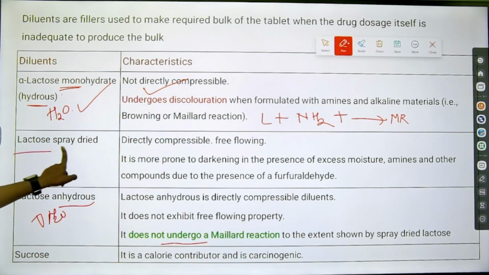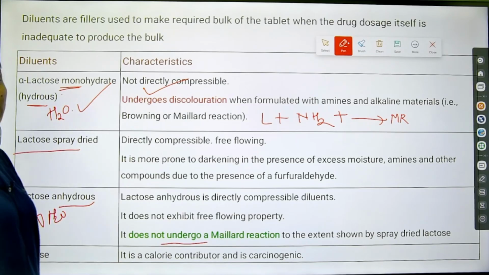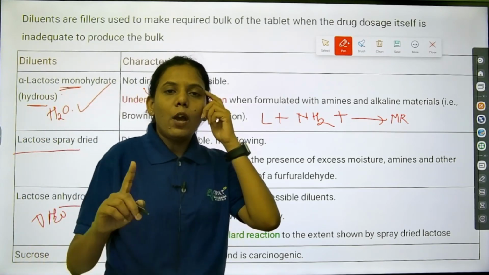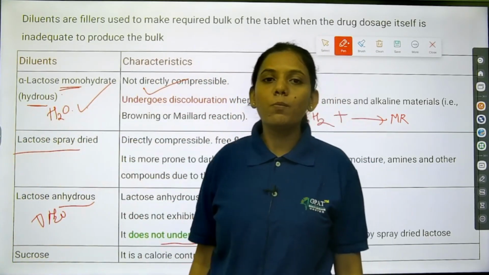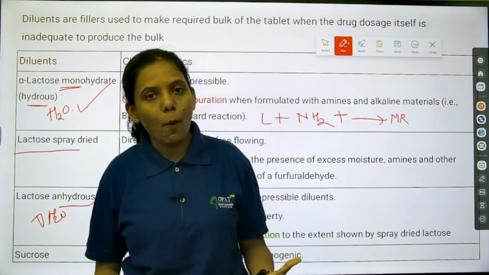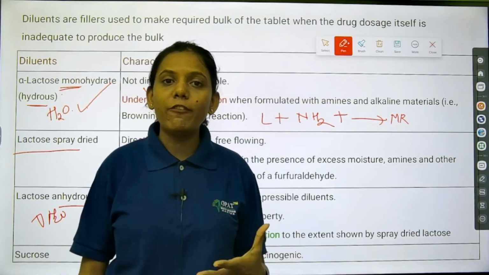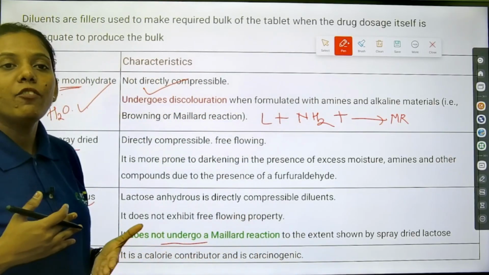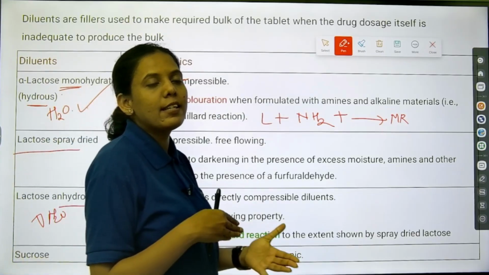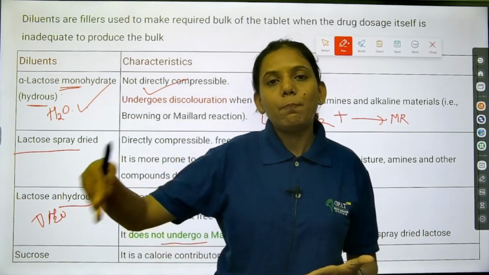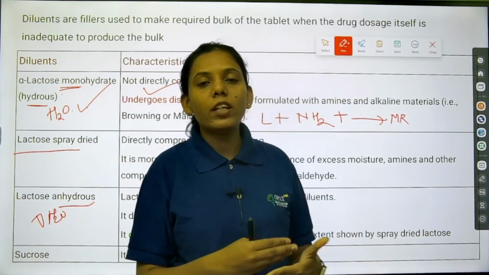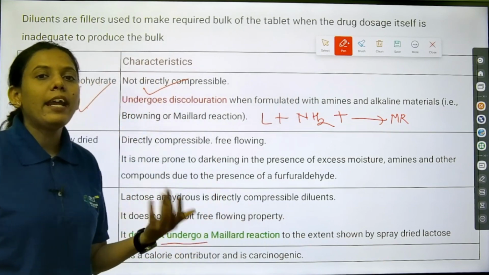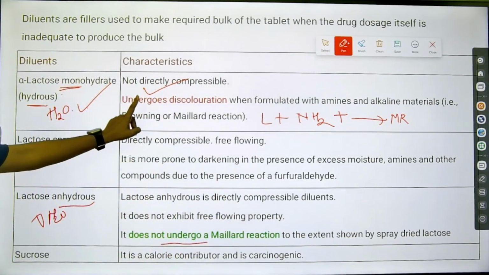Please remember. Next one is about the spray dried lactose. Here lactose monohydrate is not directly compressible because it does not have a free flowing nature. So we subject this lactose to spray drying technique which will convert it into spray dried lactose.